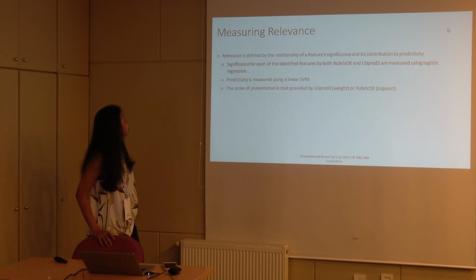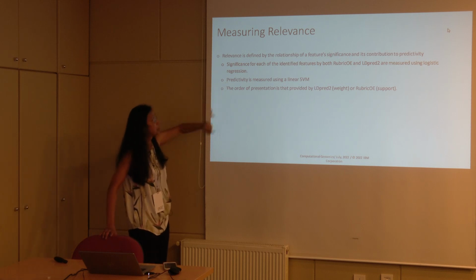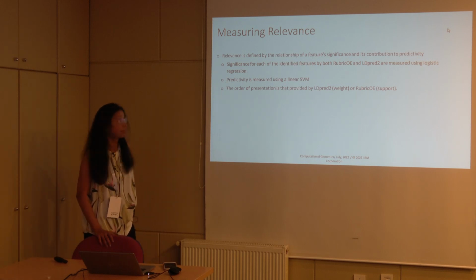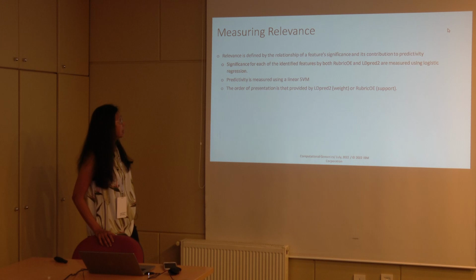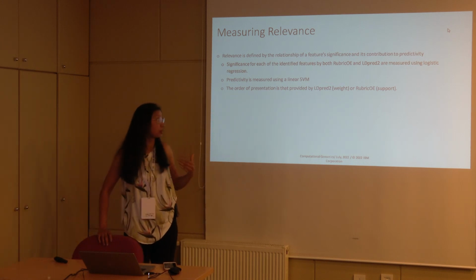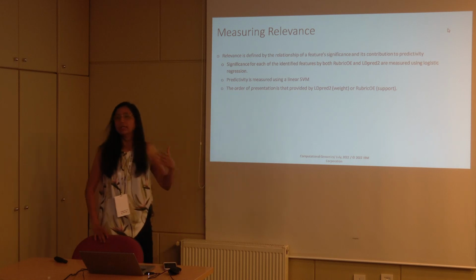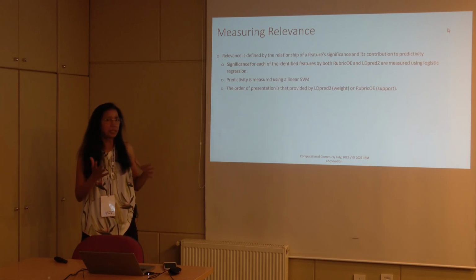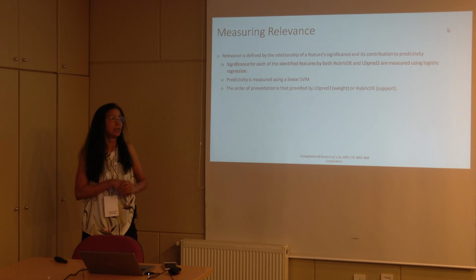That uses logistic regression, and predictivity is measured by the linear SVM that we're seeing. The order of presentation is by the weights in LD-Pred2, or by the support in RubricOE. That means how many times you see them in each of the iterations, and that gives us an ordering.